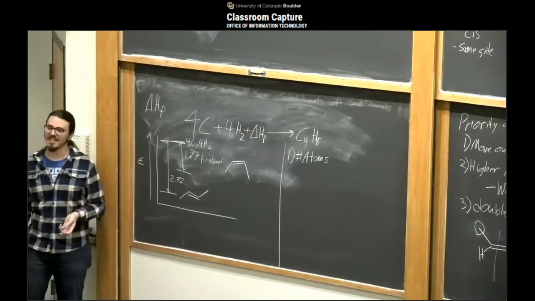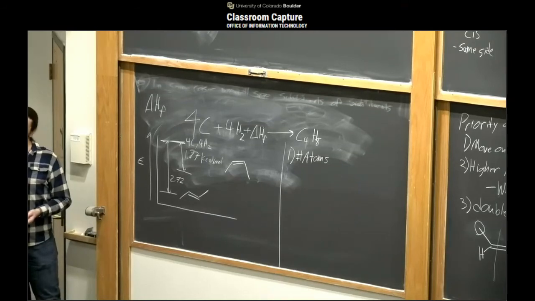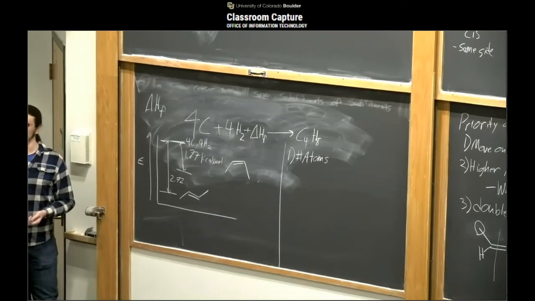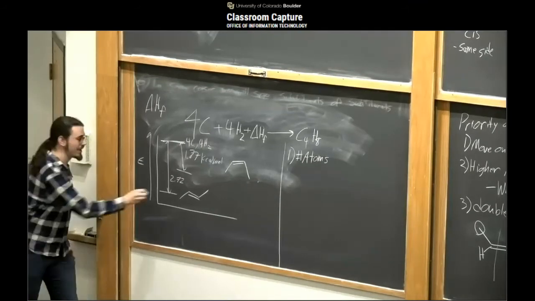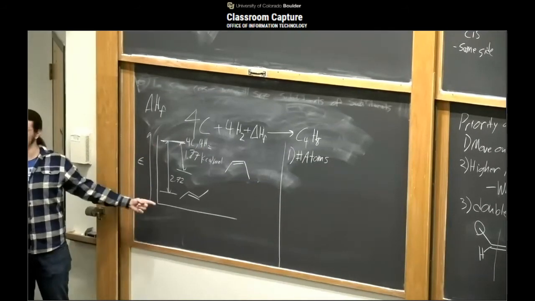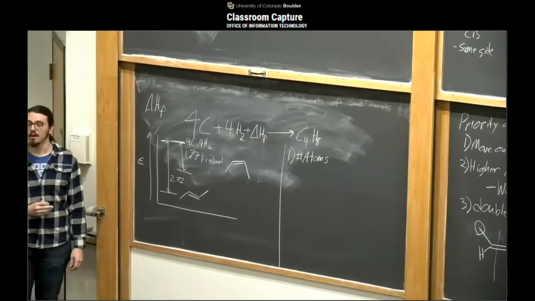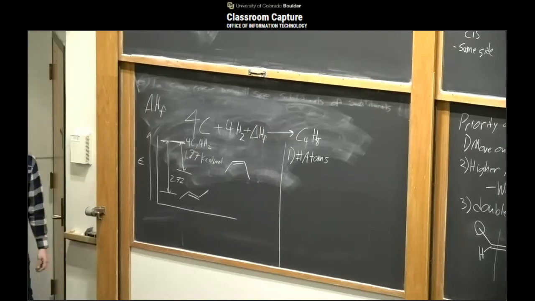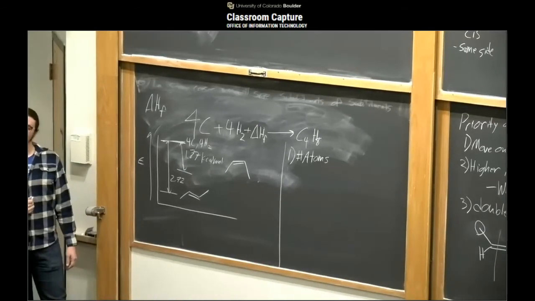So essentially, it's the energy released. So the greater the magnitude of the delta H of formation, the more stable the molecule is. So which one of these is more stable? The trans, because it has the greater magnitude of the delta H of formation. Just to clarify, the 1.77 is the delta H of formation for the cis, and the 2.72 is the delta H of formation for the trans.